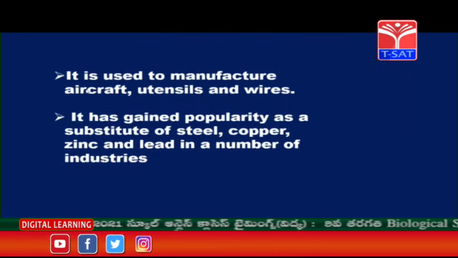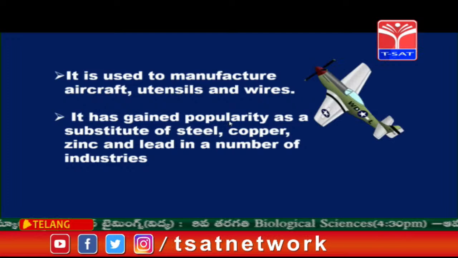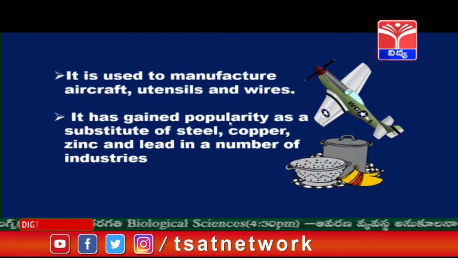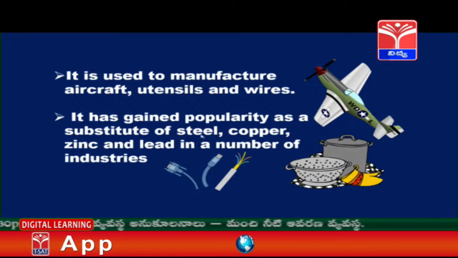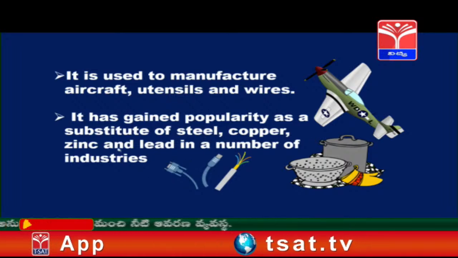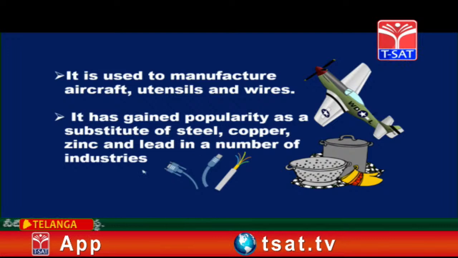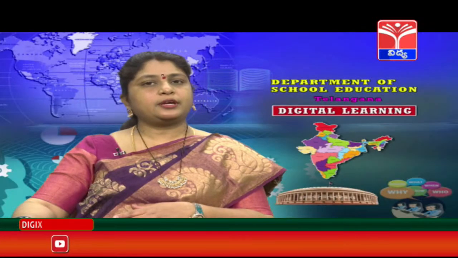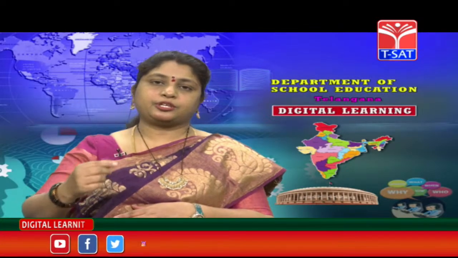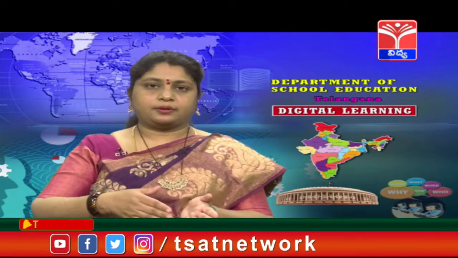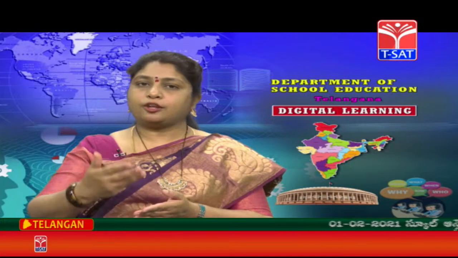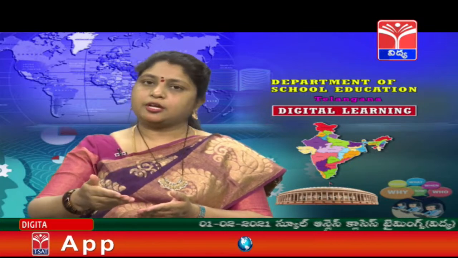It is used to manufacture aircraft, utensils and wires. It has gained popularity as a substitute for steel, copper, zinc and lead in a number of industries. Substitute means in place of. Suppose steel is not available, then they can easily use aluminium in producing the goods.